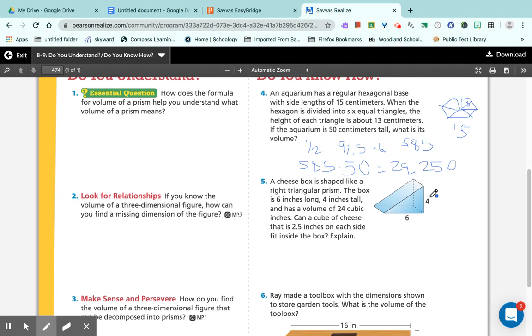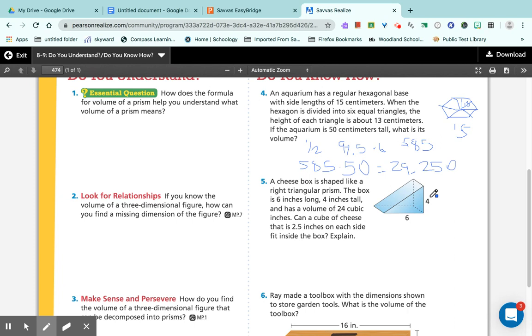That means the missing width of the cheese box is 2 inches. Therefore, the cube of cheese is too large to fit inside the width of the cheese box. So you have 1/2 of 6 times 4 equals 12. And then the volume is B times height. So 24 over 12 equals height over 12, that means h is going to be 2. So yeah, it's not going to fit.